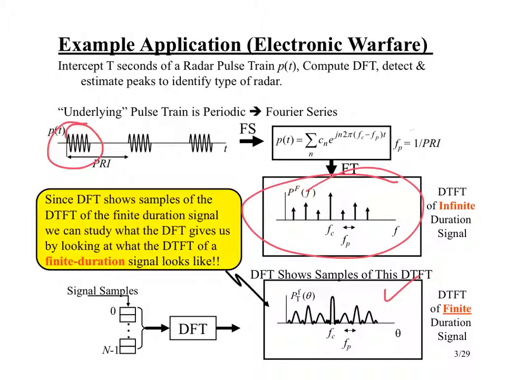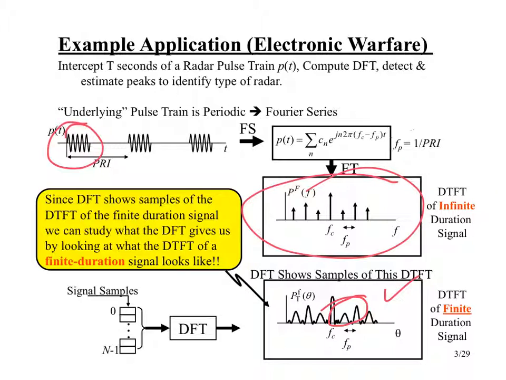We've already seen a little bit of that. The issue is we want to make sure that we can separate these different spikes. If we can do that, we might be able to tell something about the particular characteristic of that radar.